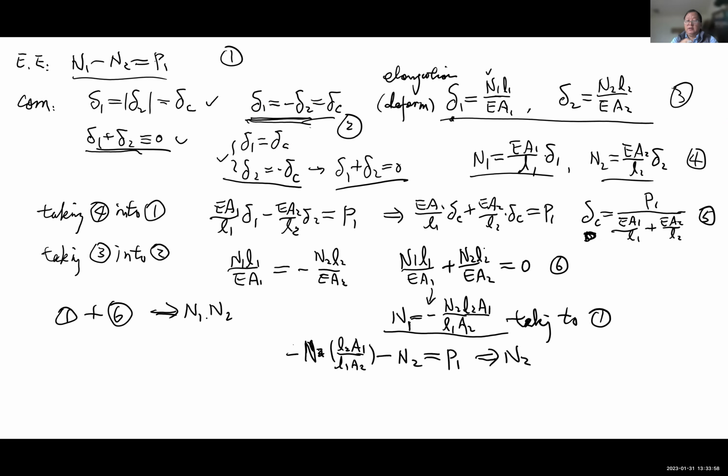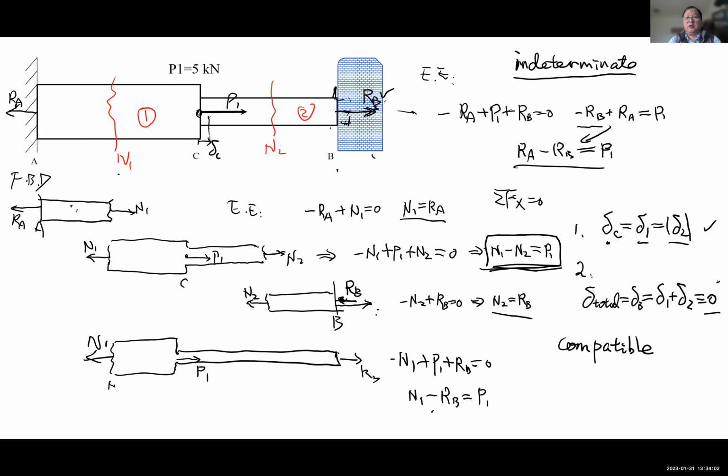Okay, so now let's go back to this process and see how we solved this problem. We basically made the cut, drew the free body diagrams, and wrote the equation of equilibrium. But we found we only have one independent equilibrium equation we can use, and we have 2 unknowns, so it's indeterminate.